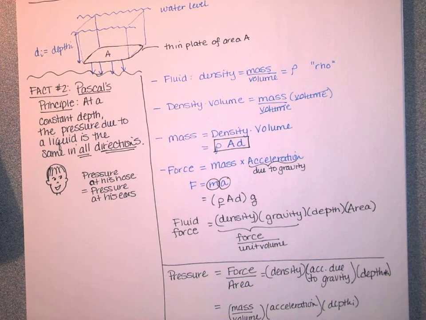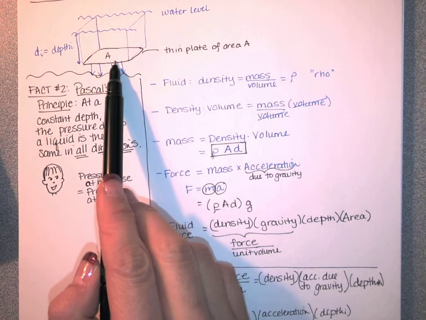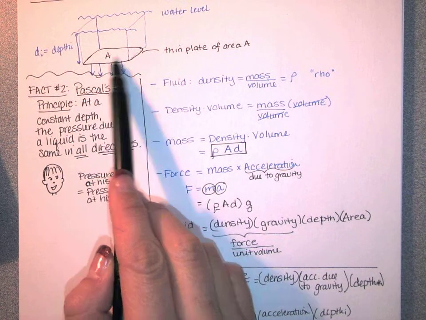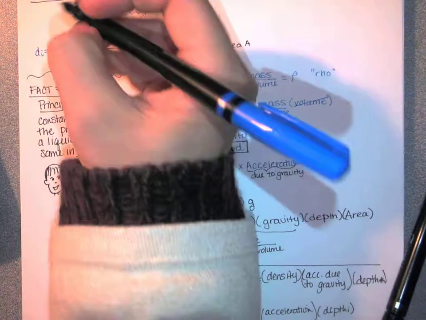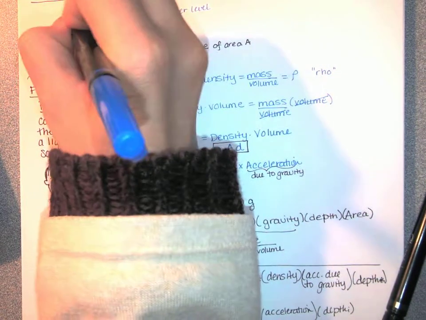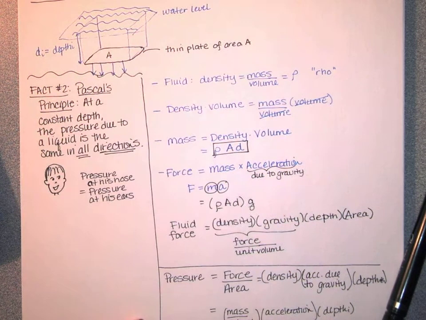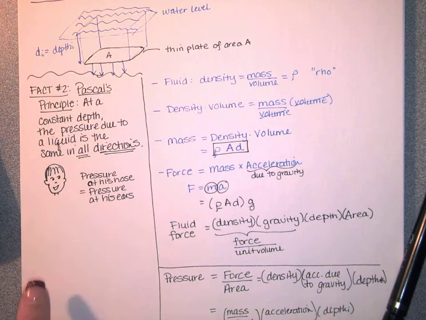It's verified by experiment. And that means even if this area is not flat like this, not parallel to our water level like I've drawn it, so I'm imagining water up here and water up here, that area does not have to be parallel to the water level.